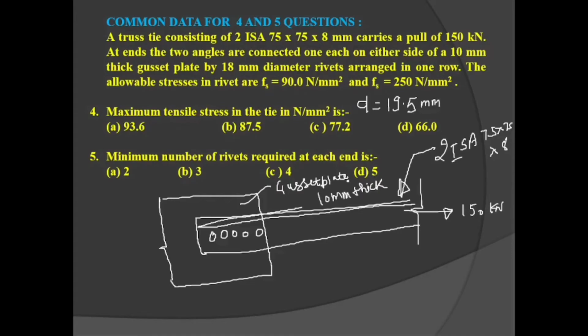So for that, initially we have to calculate the A net value, A1 and A2. Because they are individual angles that are not tack riveted, they act as a single angle section.